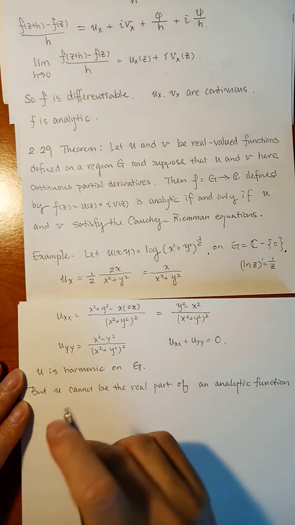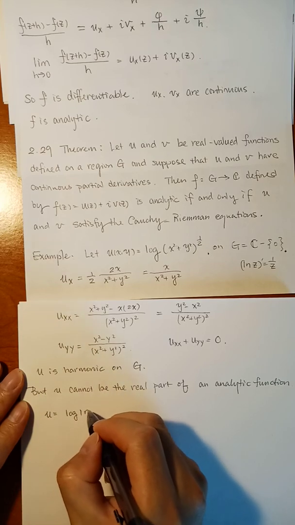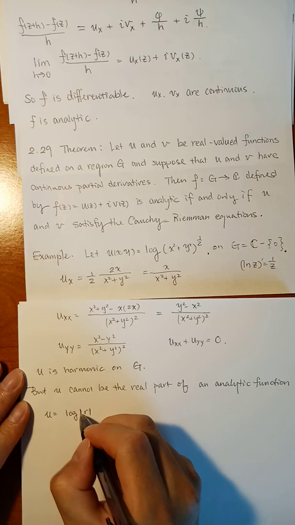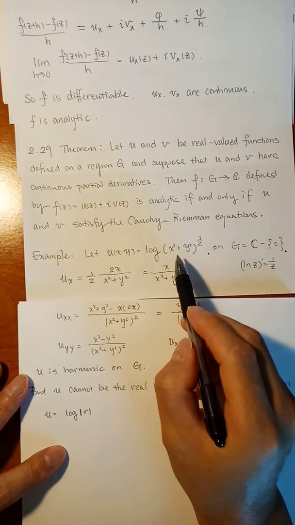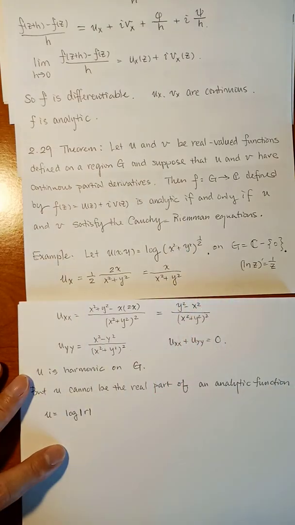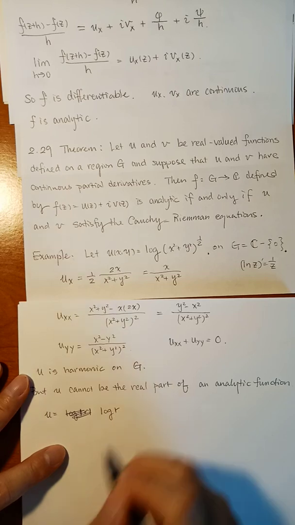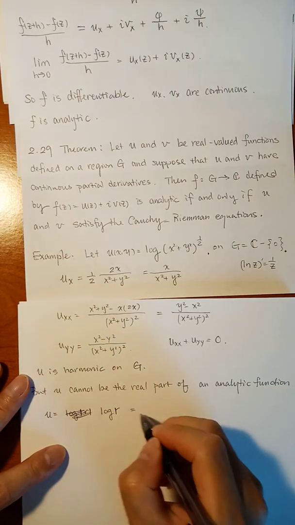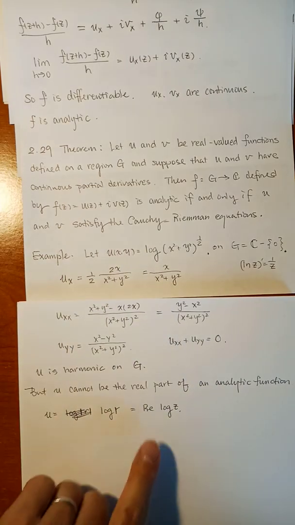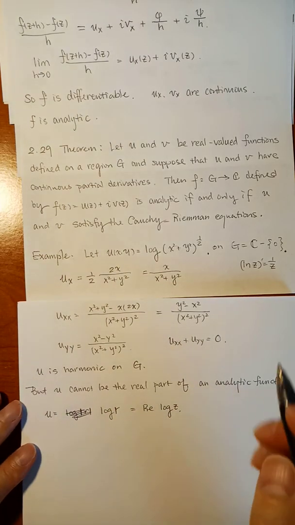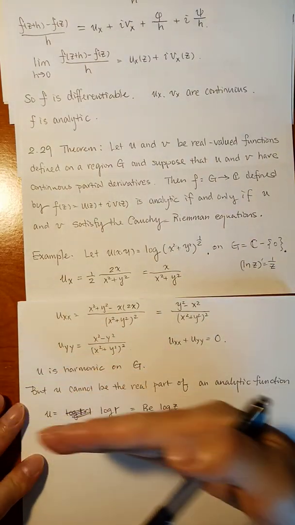Actually, if you study a little bit, you will see this u is the natural log of the absolute value of z, which is the square root of x squared plus y squared. It is the real part of the logarithmic function. But the logarithmic function is not defined over this region. You must cut it along a certain line.